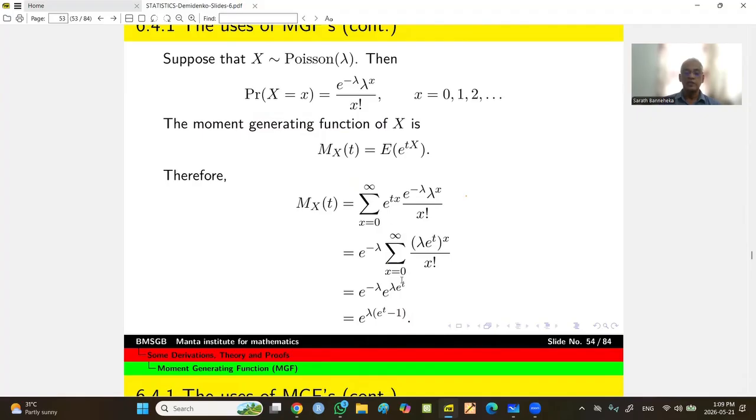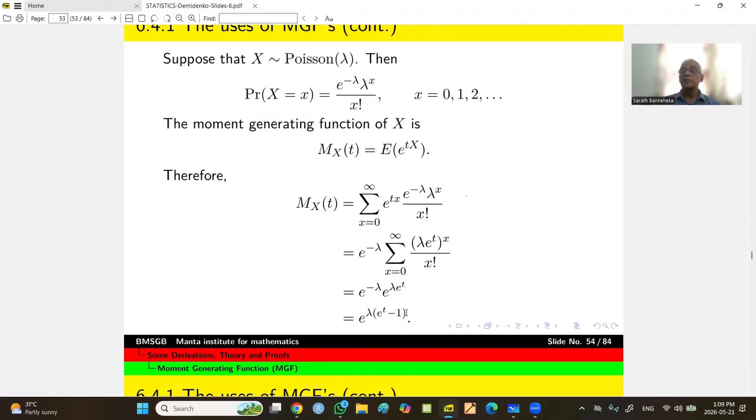So again, you can use a certain identity that you have used earlier. You can identify this term as the series expansion of e to the power this term, right? This part is the series expansion of e to the power lambda e^t. So therefore, this whole thing is e to the power minus lambda times e to the power lambda e^t, which you simplify, you get this one, e to the power lambda times (e^t minus 1).